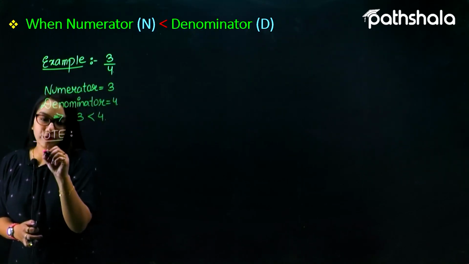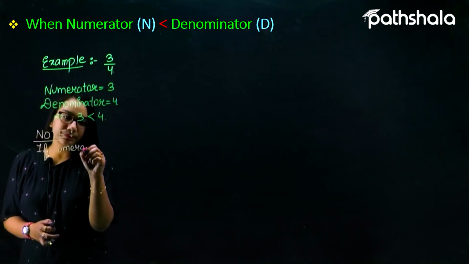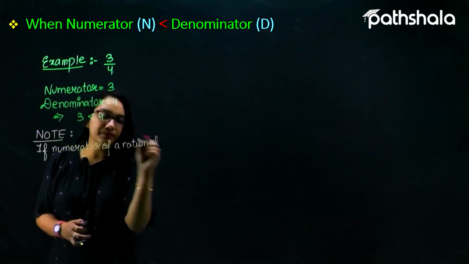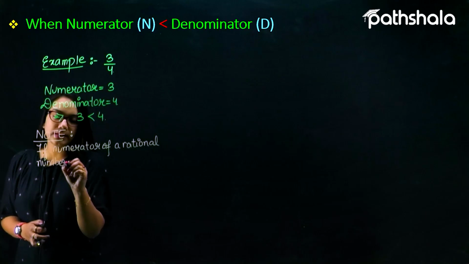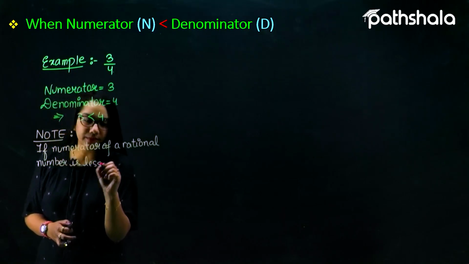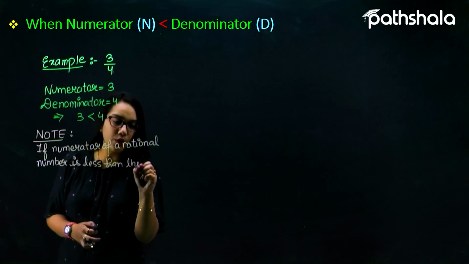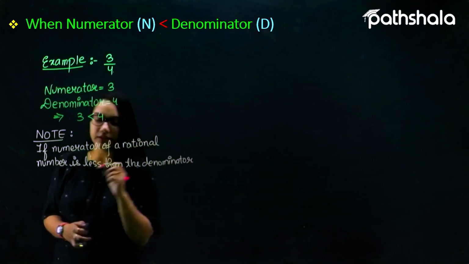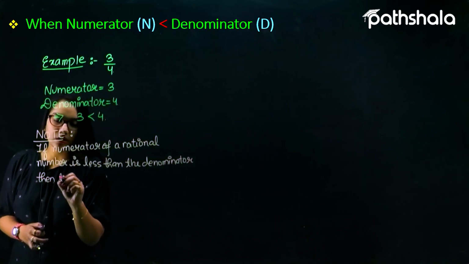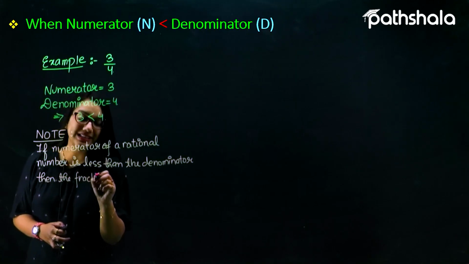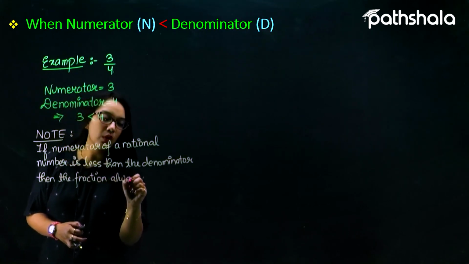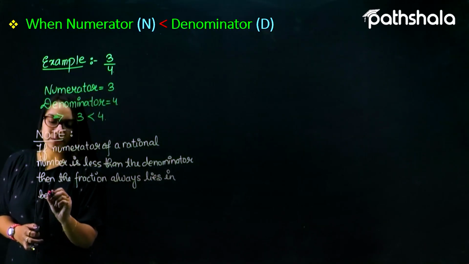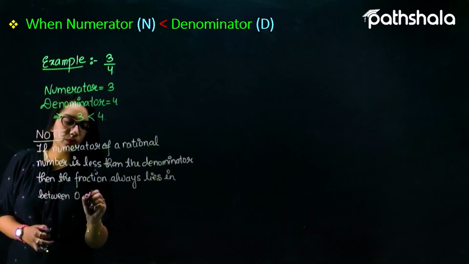If the numerator of a rational number is less than the denominator, then the fraction, or we can say the rational number, always lies in between 0 and 1.